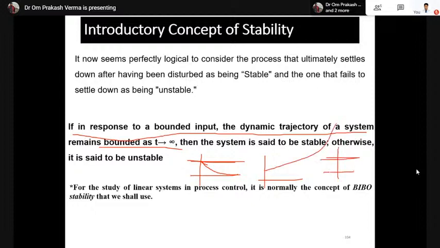However, this one is also bounded, but the value is fixed. Okay. So if it approaches zero, then the system is stable. If it is unbounded, then the system is unstable. If it is bounded, but not diminishing or approaching zero, the system is said to be marginally stable. Okay.